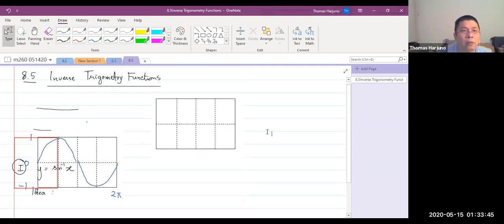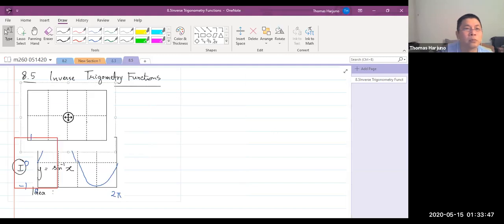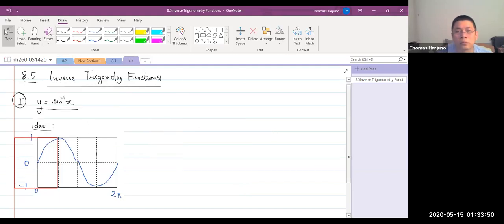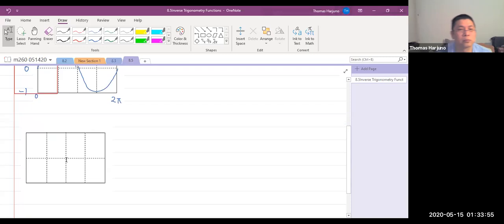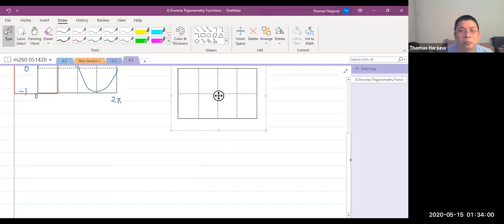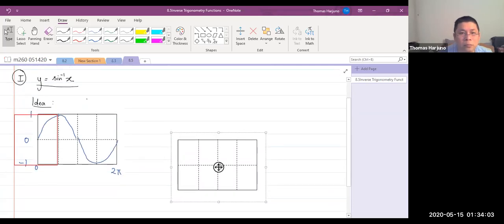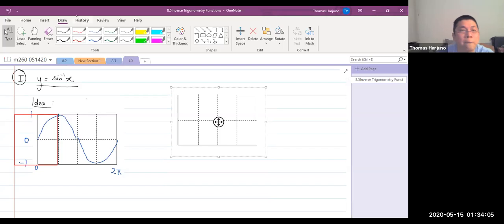What happened to my graph? I will redraw it this way. I will center it at the y-intercept. My y-intercept will be placed here, and my x-intercept here.